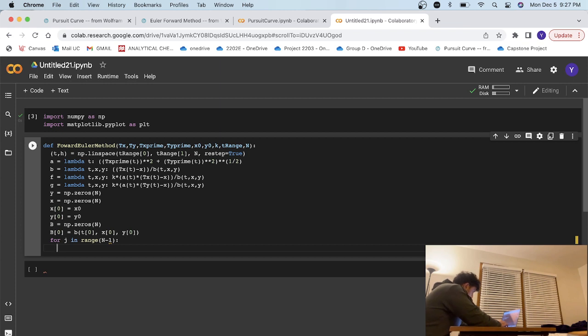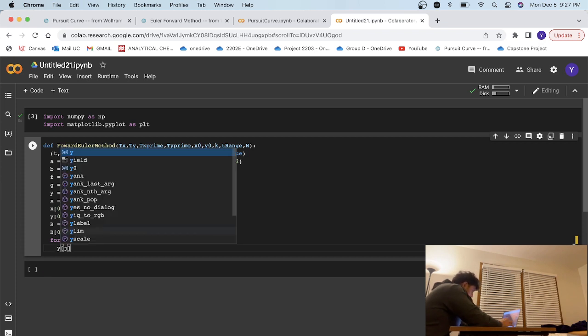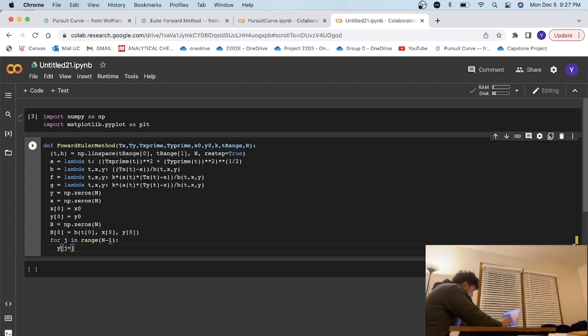What that's going to do is iterate through this every increment, and check it until we find a certain value that's really, really small. That's the distance between the pursuer and the target. So we're going to define y in the y direction, plus 1.